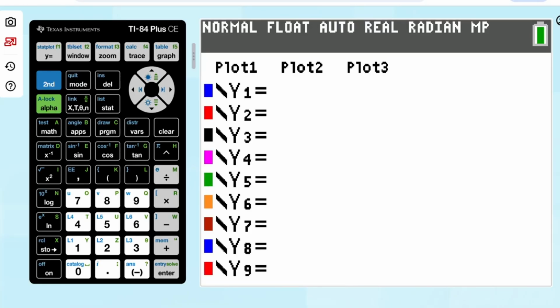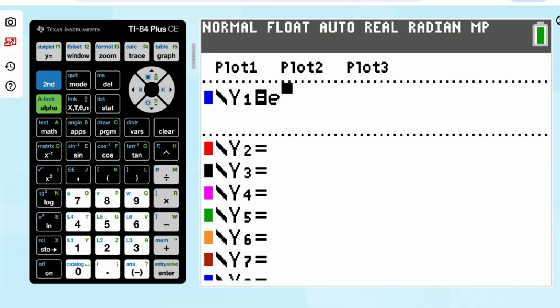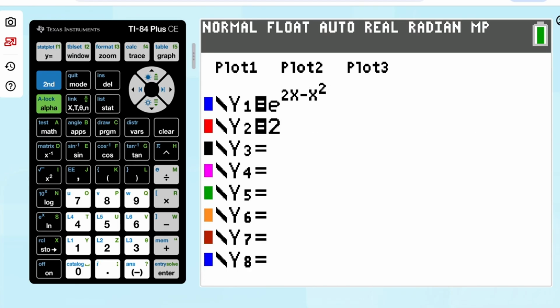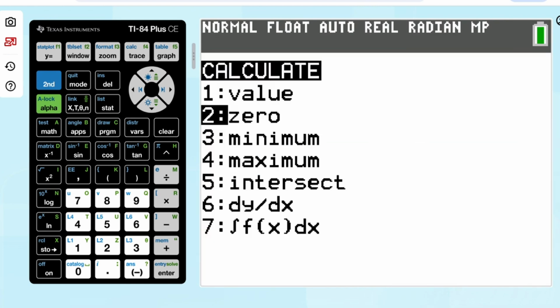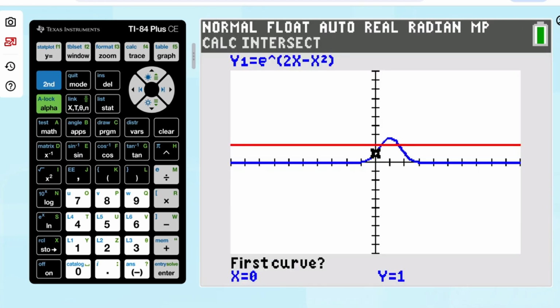My function is e to the 2x minus x squared. And I also want to see when that intersects with y equals 2. So we'll graph both of those. And we'll hit second trace, option 5 for intersect, and go close to that intersection point and hit enter. Go a little past that intersection point and hit enter.